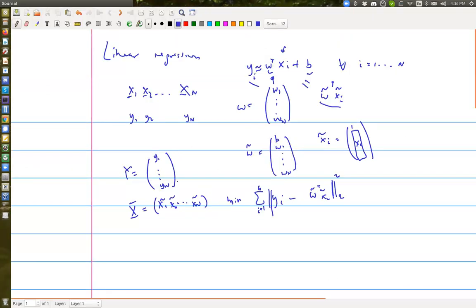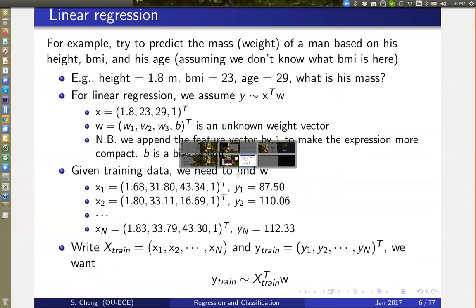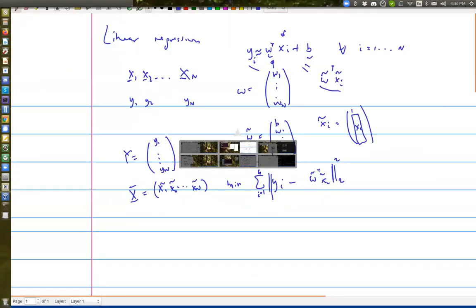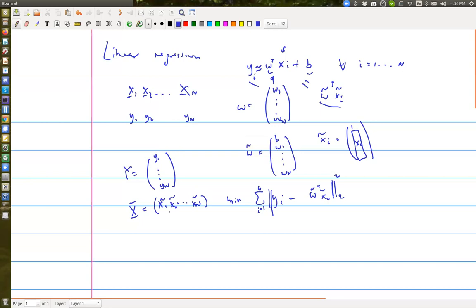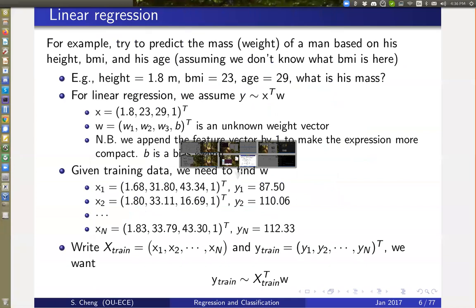In the notes I make this a column vector, that's exactly what I did here. In the notes I call it X train, but let me just call this X here. It doesn't matter.